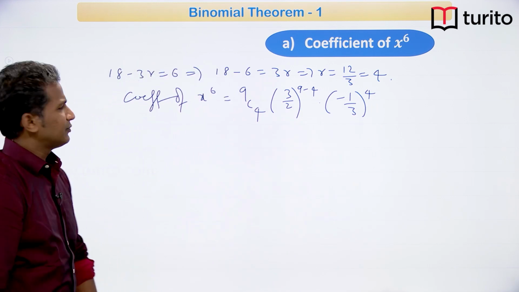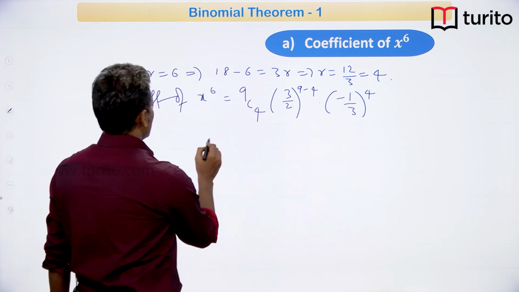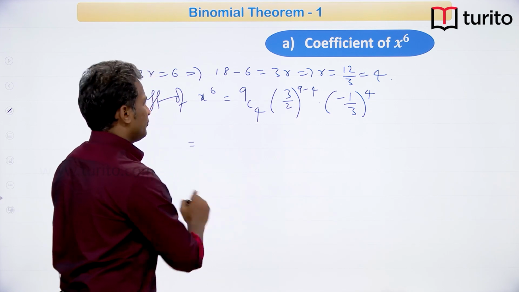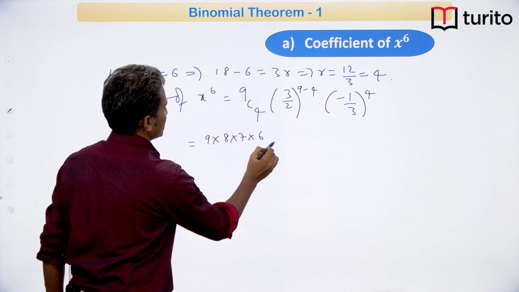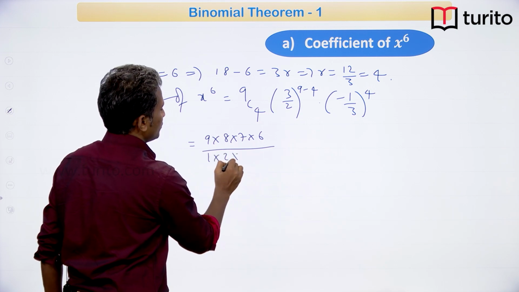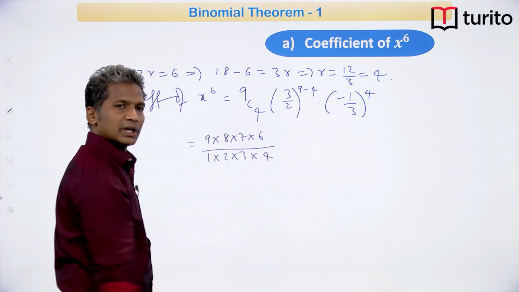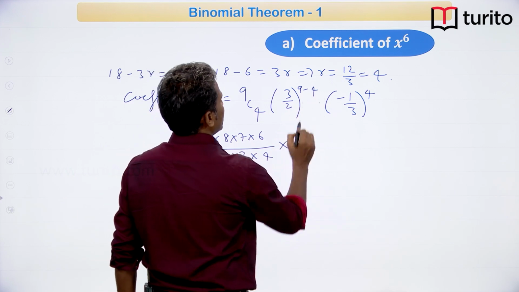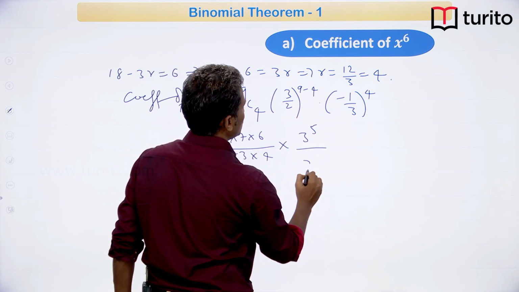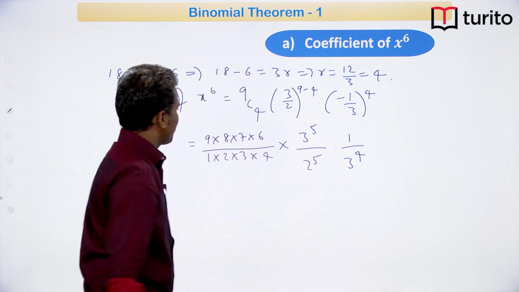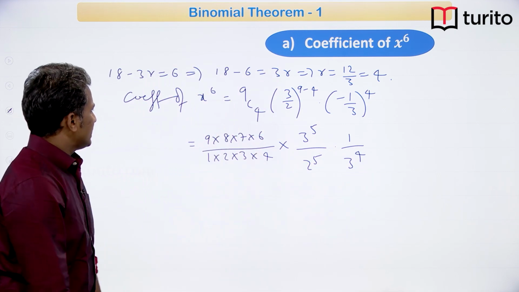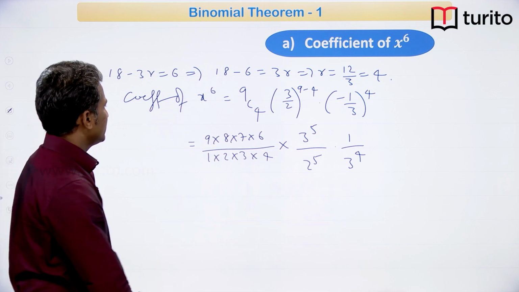Okay. So, further we want to simplify this. So, what do we get? 9C4 will be (9 into 8 into 7 into 6) divided by (1 into 2 into 3 into 4), right, into 3 raised to 5 here, 2 raised to 5 here and 1 by 3 raised to 4 here. So, let us see if there are any terms which may get cancelled.